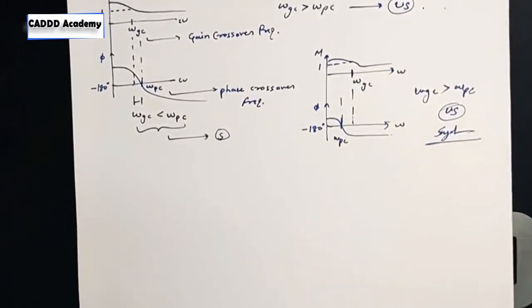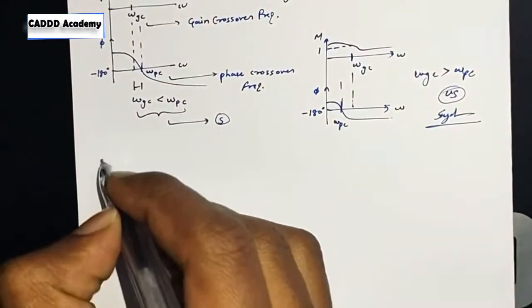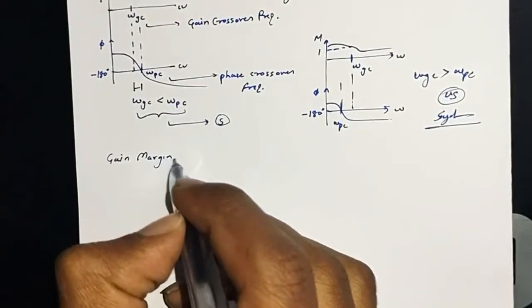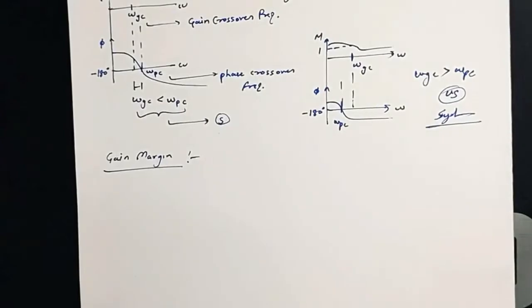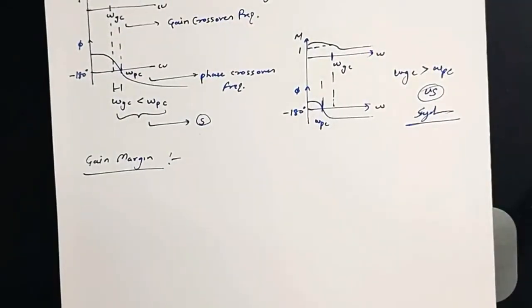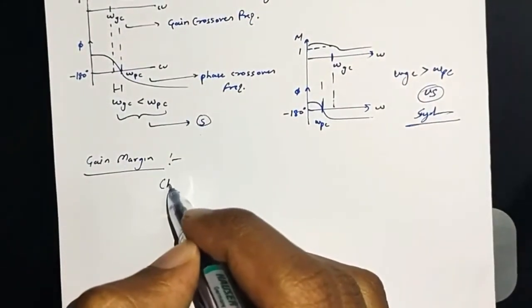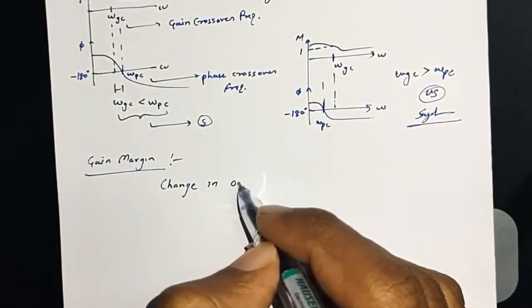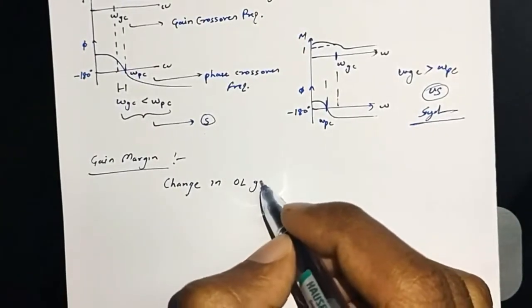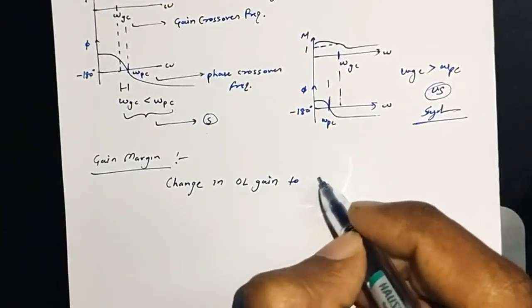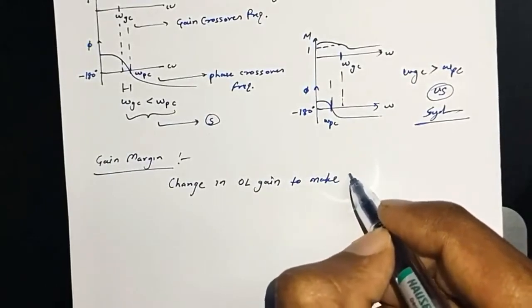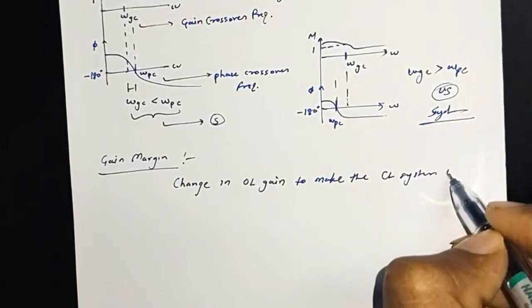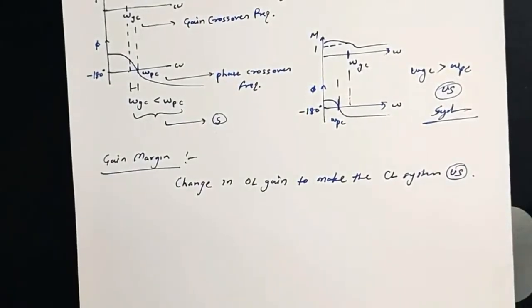So now moving to the main point, that is gain margin. The gain margin is the change in open loop gain to make the closed loop system unstable.